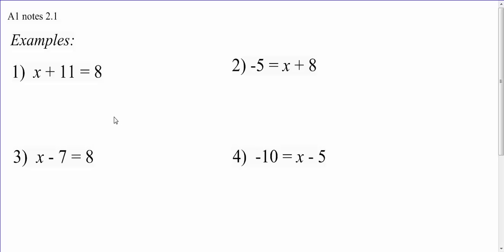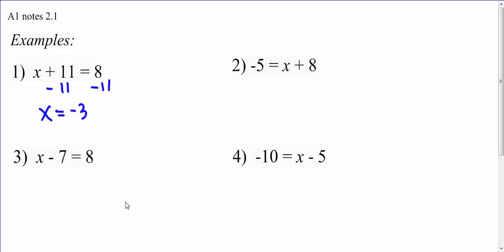The first one says x plus 11 is equal to 8. Now again, recall that we're trying to get x by itself, so we would want to subtract 11 from each side. And that would leave us with x equal to 8 minus 11, which is negative 3.